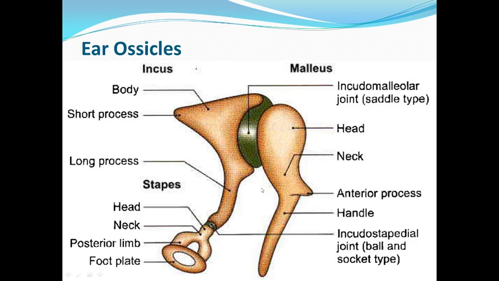You can see in this figure that these two joints are surrounded by a capsular ligament also. So both these joints are synovial, the incudomalleolar is a saddle type and the incudostapedial is a ball and socket type, and they are within a capsule.